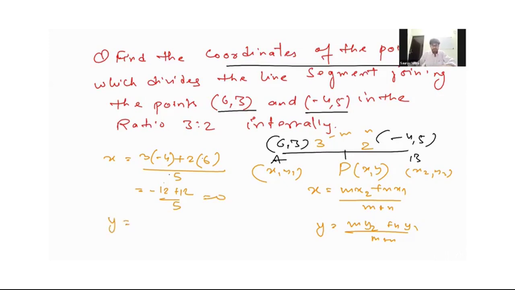For your y value: 3 into 5 is 15, and 2 into 3 is 6, upon 5, that will be 21 by 5. So the final answer is, the coordinates of point P are (0, 21 by 5).